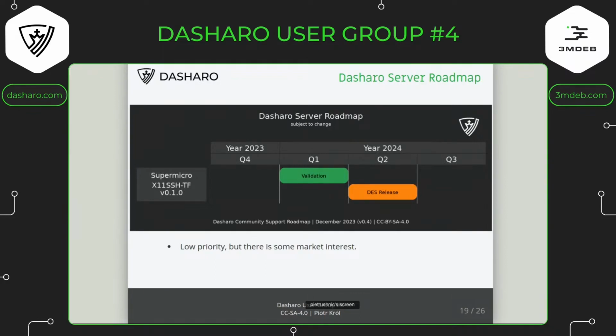Of course, the problem is that we cannot sell this hardware with Dasharo because simply this is big, expensive hardware. Keeping that in stock will be problematic for a small company like 3mdeb. Shipping server hardware is completely not our business.